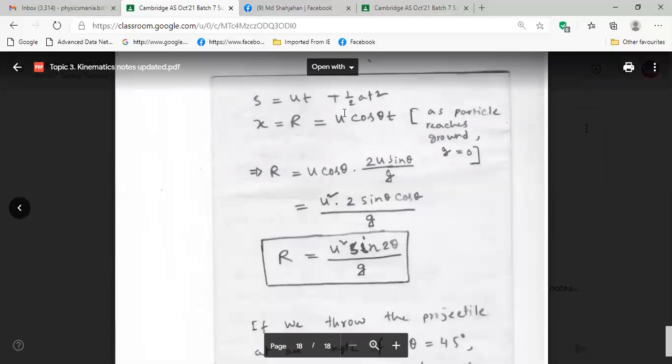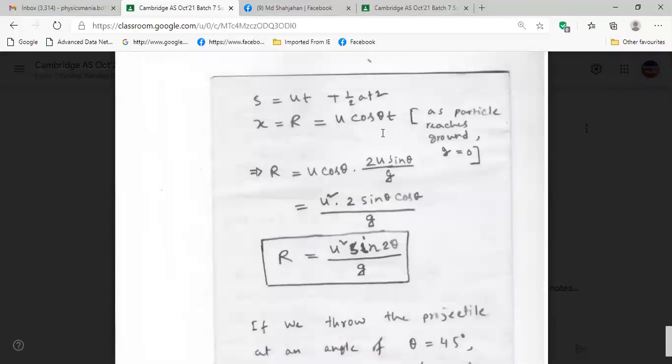For u we have u cos theta, and t is the time, plus half a t square. When the object is going horizontally, we don't have any effect of gravity for the horizontal component, right?